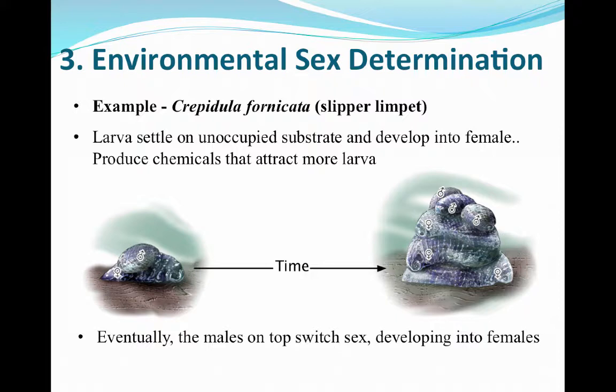Those larvae are then going to move in and set on top of the original larva, and eventually they're going to stack up on one another. And what ends up happening is the males on the top actually have the ability to switch sex, developing into females. So this takes a little bit of time, but just realize that it is an environmental type of determination system.